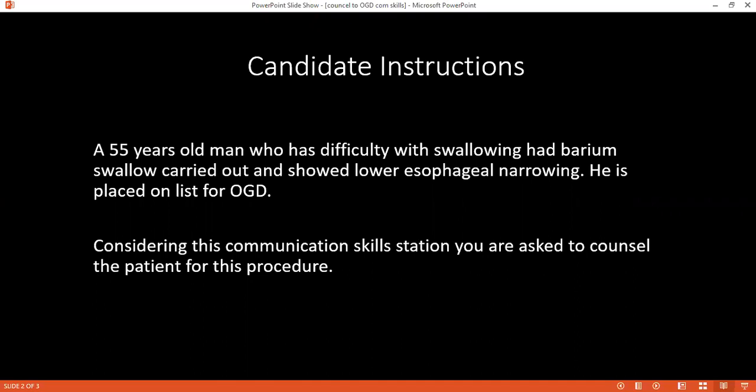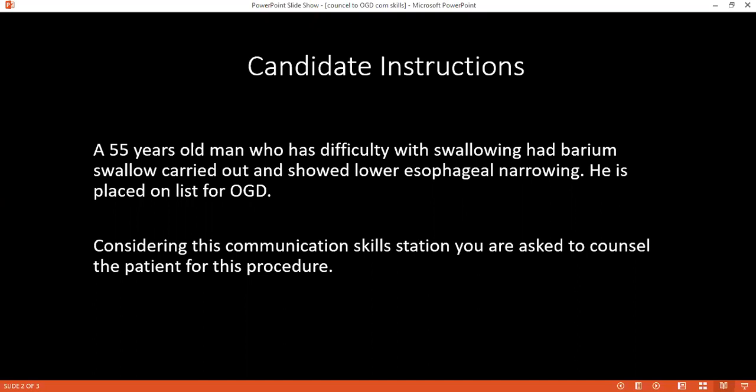Oh, so will I feel pain? As I told you, if you receive general anesthesia, there will be no pain. Okay. So, is there any risk that could happen to me, any adverse outcome? Mr. Jack, this is a nice question.